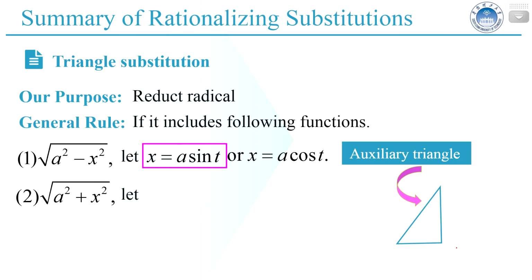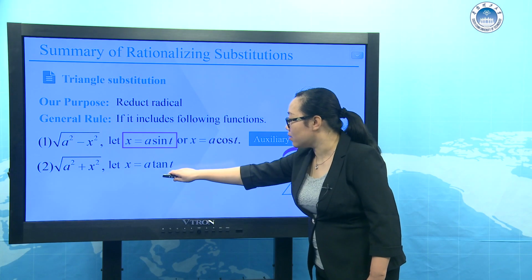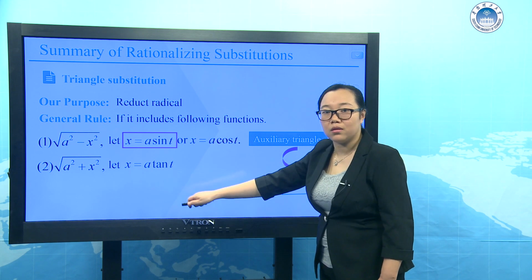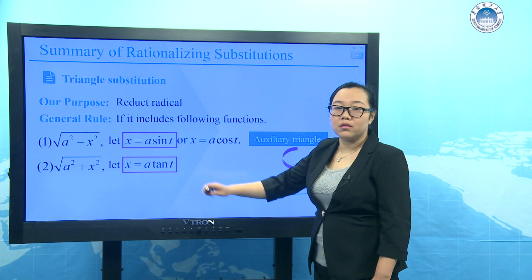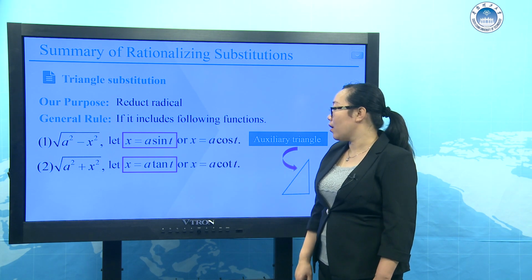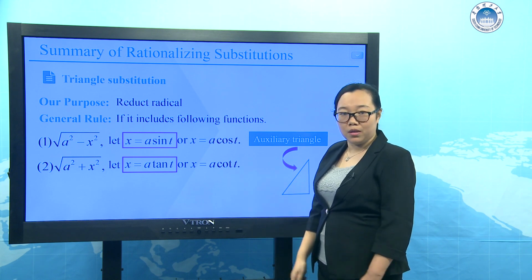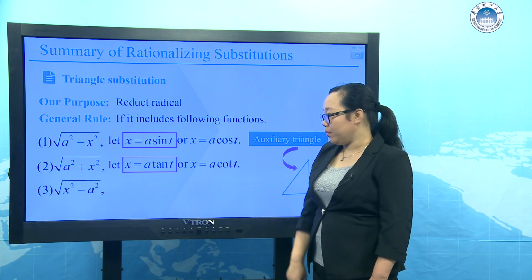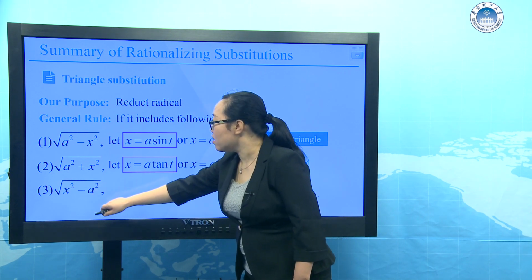Case 2, the square root of a squared plus x squared. Yes, we will write x equals a tangent t. Why? Because 1 plus tangent squared t equals secant squared t, so we can eliminate the square root. Maybe we can write x equals a cotangent t, with similar meaning. Look at case 3, the square root of x squared minus a squared.